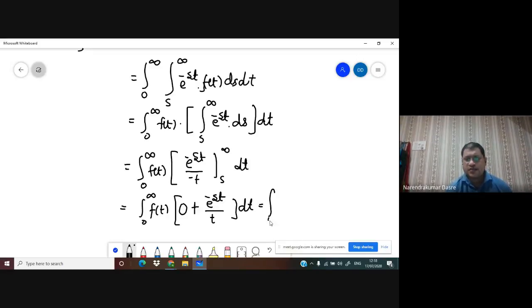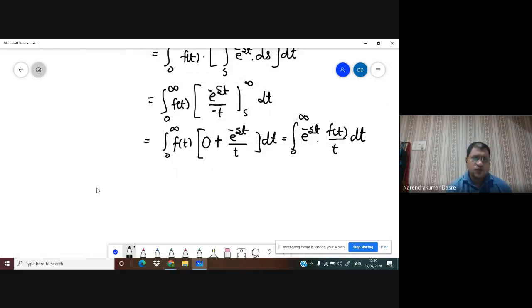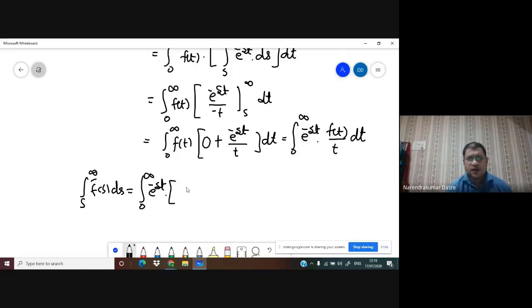We can write this as the integral from 0 to infinity of e raised to minus st, with f of t upon t, dt. So what we have calculated is the integral from s to infinity of f bar of s ds is equal to the integral from 0 to infinity of e raised to minus st f of t upon t dt.